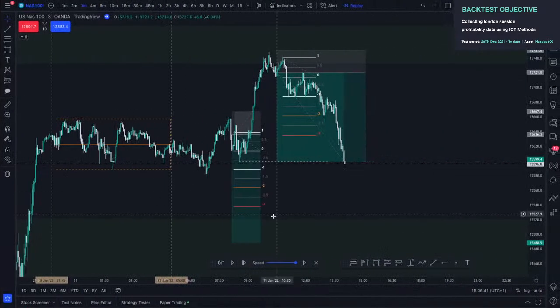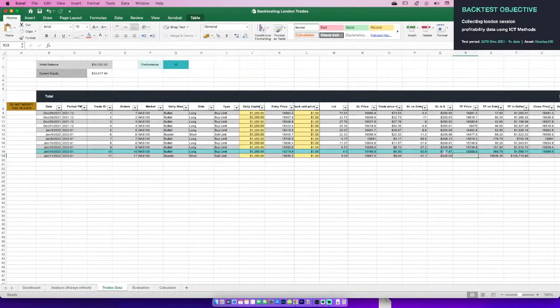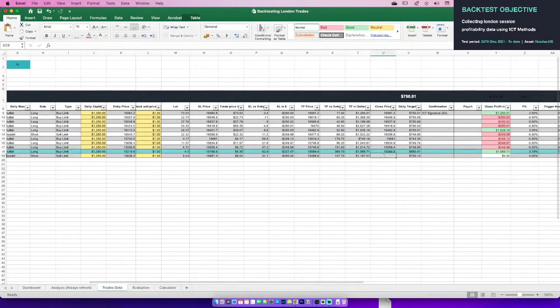And the TP was 15,488.6. And I got stopped out at the stop loss, which was 15,667.4.